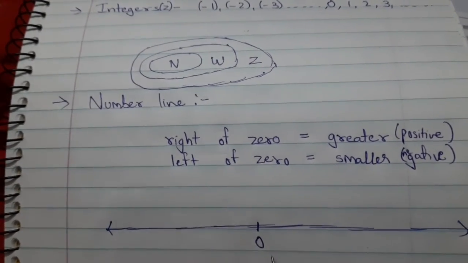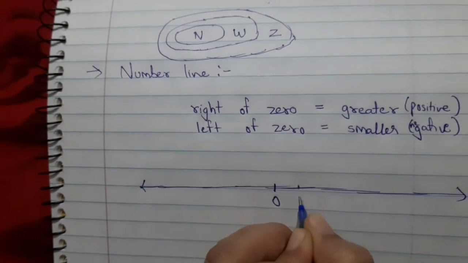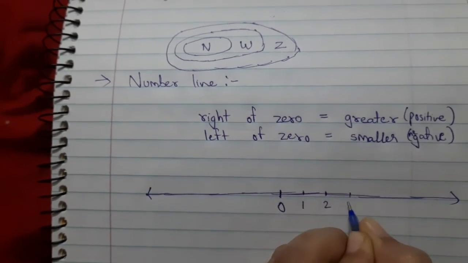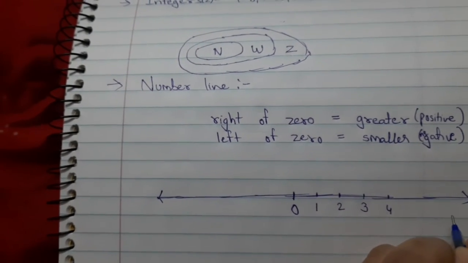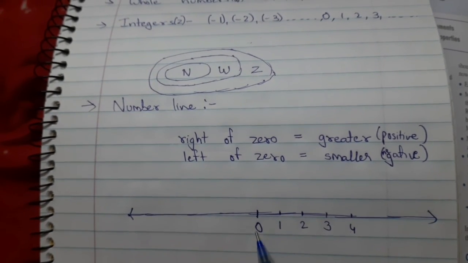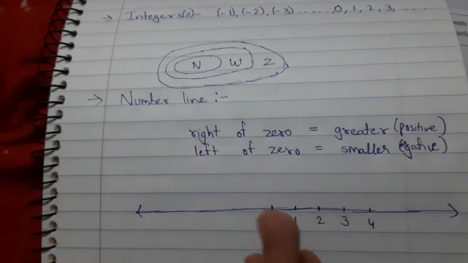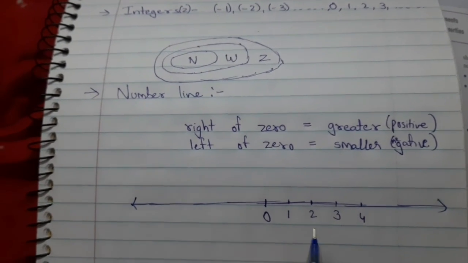So let me write it down here. 0 is there. So 1, 2, 3, 4, and so on. If you see here, 1 is greater than 0, 2 is greater than 1, 3 is greater than 2, like that. So on the right side the numbers are greater.